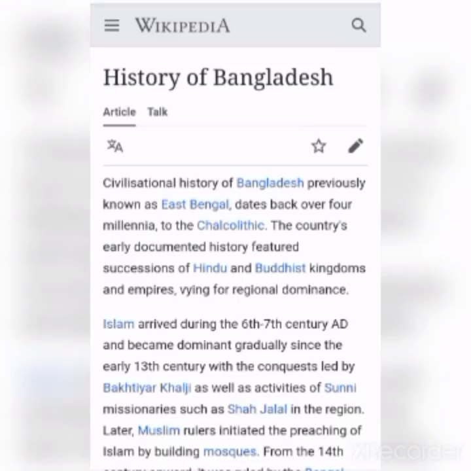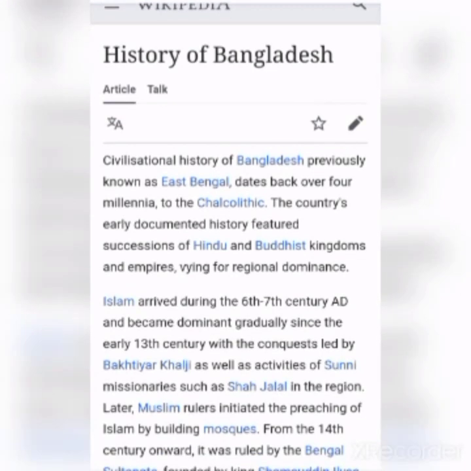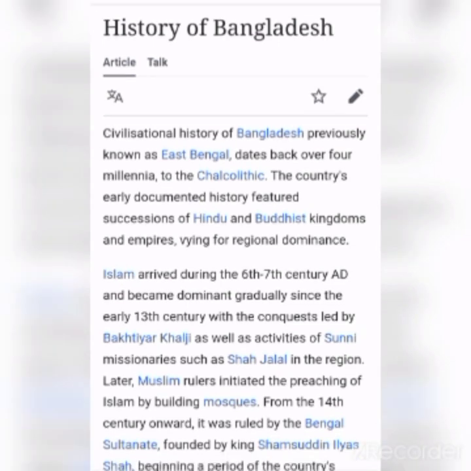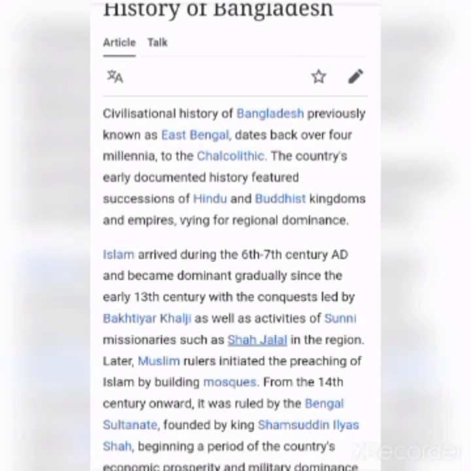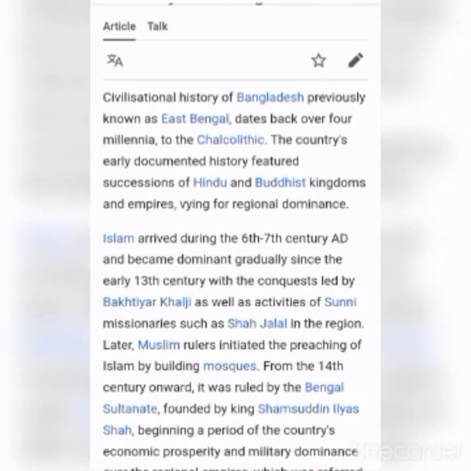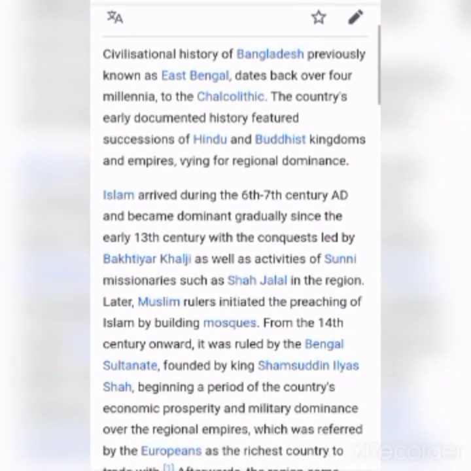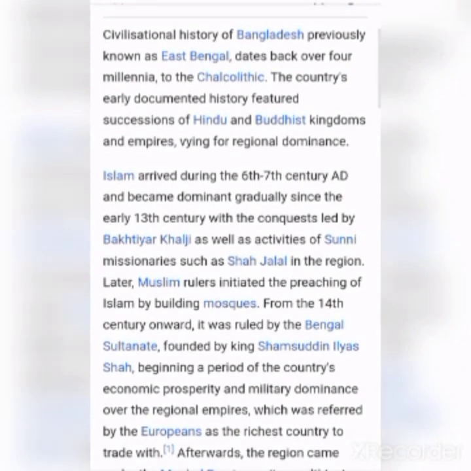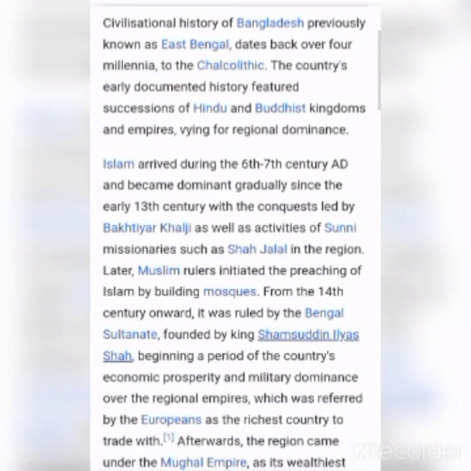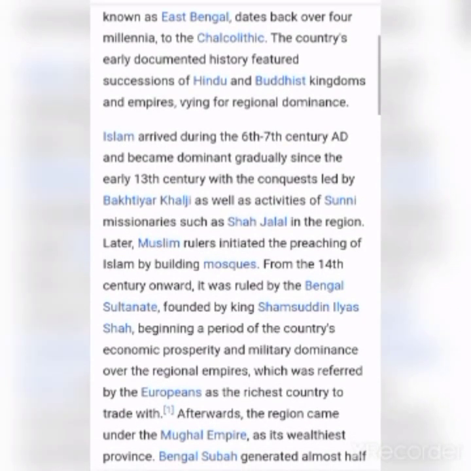History of Bangladesh. The history of Bangladesh, previously known as East Bengal, dates back over 4 millennia to the Chalcolithic. The country's early documented history featured a succession of Hindu and Buddhist kingdoms and empires, vying for regional dominance.